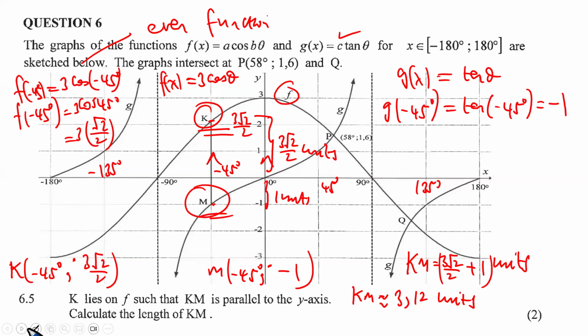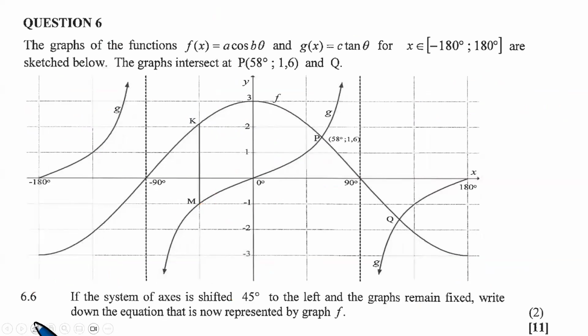Let's move to the next question. In the next question: if the system of axes is shifted 45 degrees to the left and the graphs remain fixed, write down the equation that is now represented by graph F. So obviously we're looking at a shift.